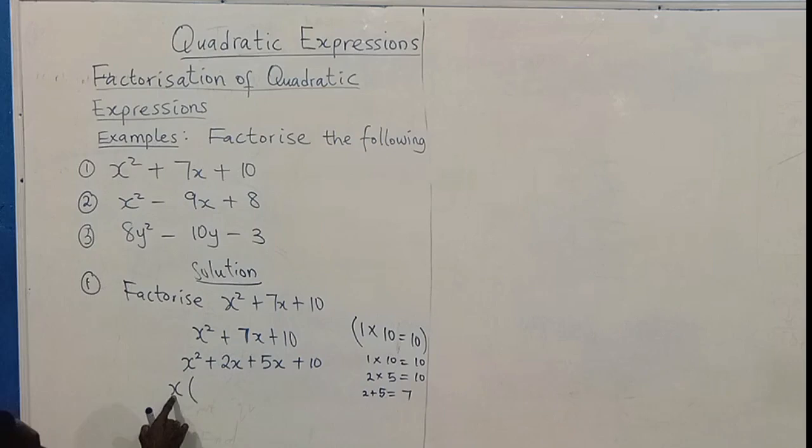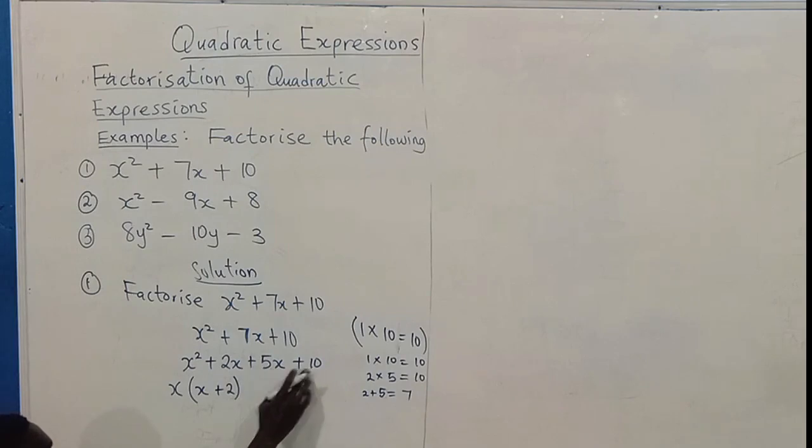And x squared divided by x, we have x. 2x divided by x, we have plus 2. So that's for these two. For these other two, the HCF of 5x and 10 is plus 5. 5x divided by 5 is x, and plus 10 divided by 5 is plus 2.